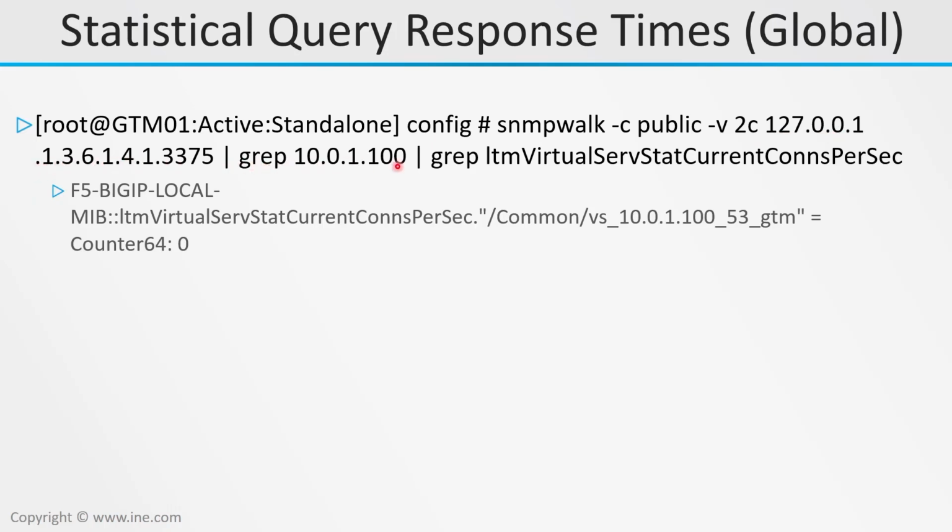We're grepping for the listener and then the specific message related to that MIB in the F5 Big IP local MIB file. Okay, a long-winded way to do it. It may be easier to look in the GUI, or even on your SNMP manager that is used to send this information, which is going to be maybe a lot cleaner. In this case it's 0, but I wanted to show you the command to query that via global.